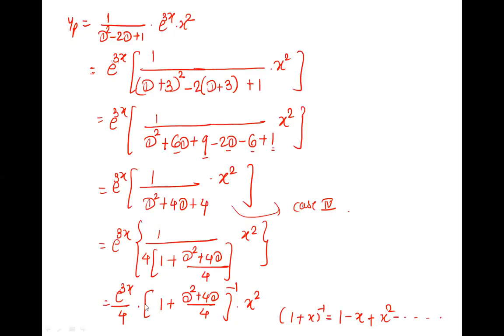So YP is e raised to 3x by 4 into, tell me, 1 minus (D square plus 4D by 4), correct? Yes. Plus (D square plus 4D by 4) square, minus so on. Leave the rest, on x square.